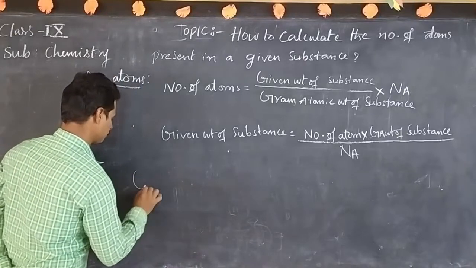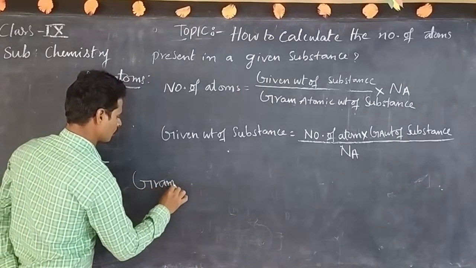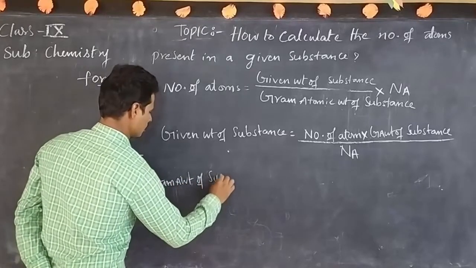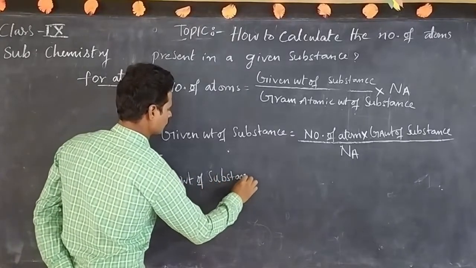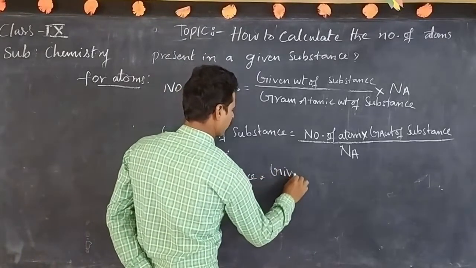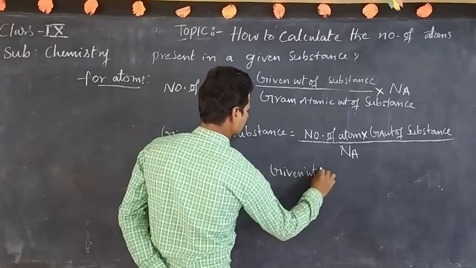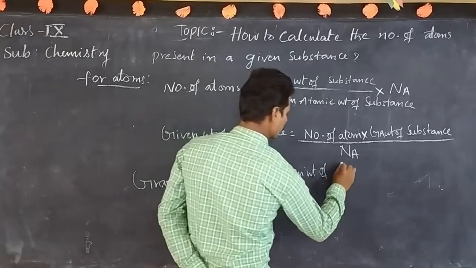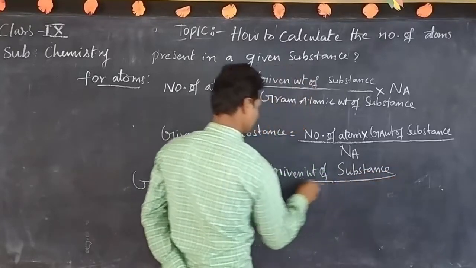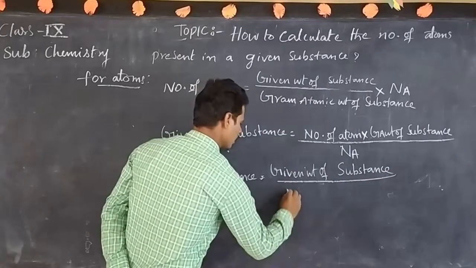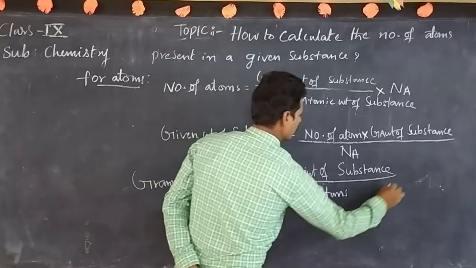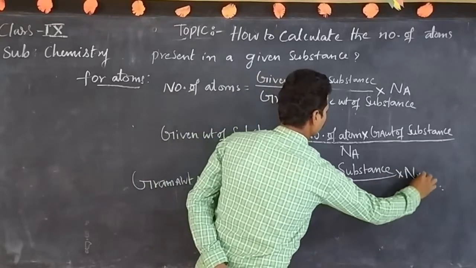Gram atomic weight of substance equal to given weight of substance by number of atoms into Avogadro number.